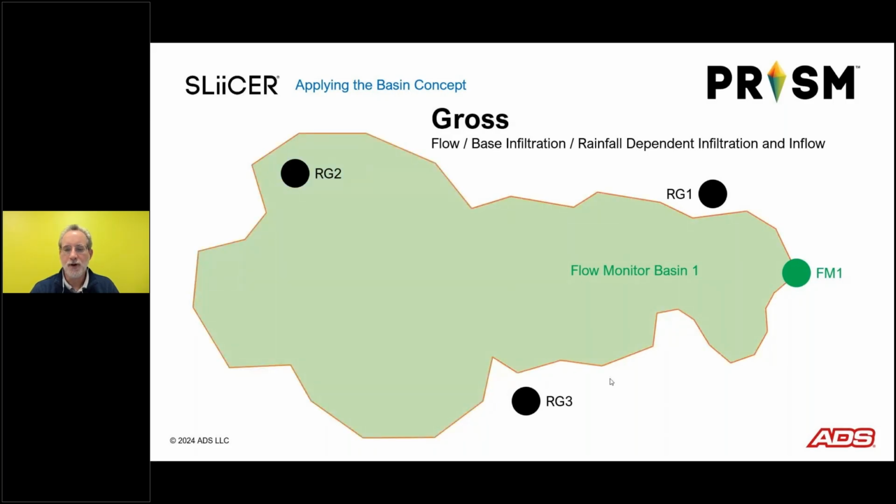So flow monitor 1, the flow that comes out of that monitor measures this whole basin. And this we refer to as the gross flow, or the gross infiltration, or the gross I&I that's measured at that flow monitor. Now, if I subtract out the upstream monitor, I get the net flow associated with this green basin, and I get the net base or groundwater infiltration, and I get the net rainfall dependent infiltration and inflow.